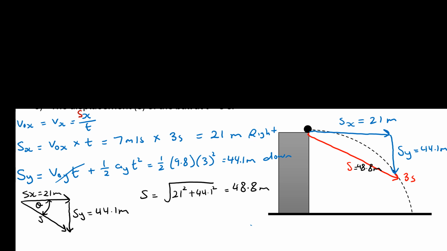So let's find theta. Theta equals tan inverse. Opposite of theta is 44.1 and the adjacent side is 21. So let's use the calculator and determine the value of theta. So tan inverse 44.1 over 21, we get 64.5 degrees.